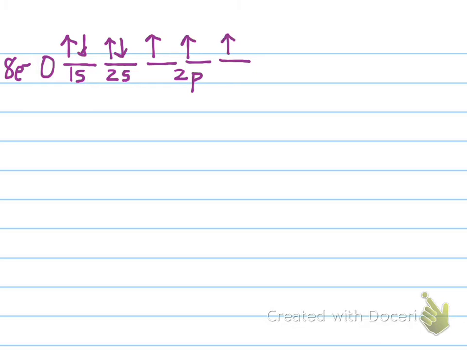Right now, they're all completely full, and I have to start to double up. And just by convention, we normally go back to the first one. So there's my 8 electrons in oxygen and my orbital diagram for it.